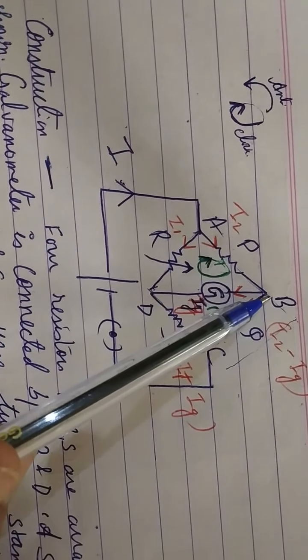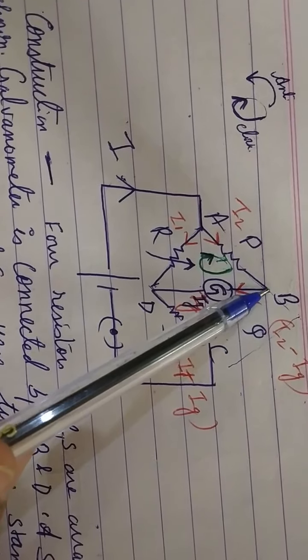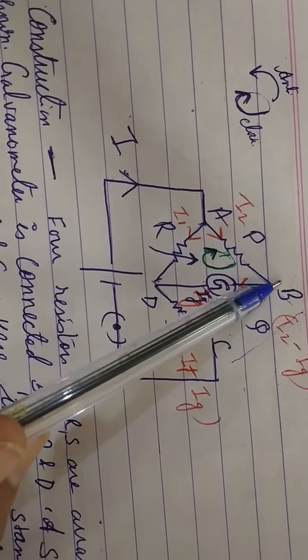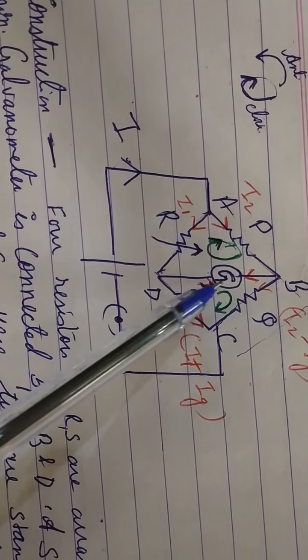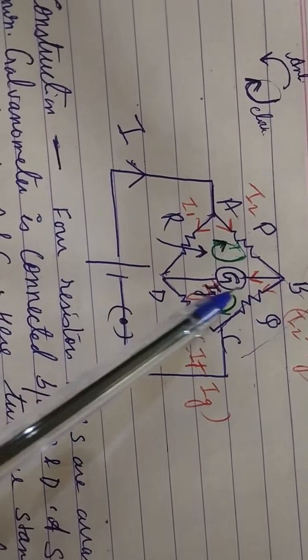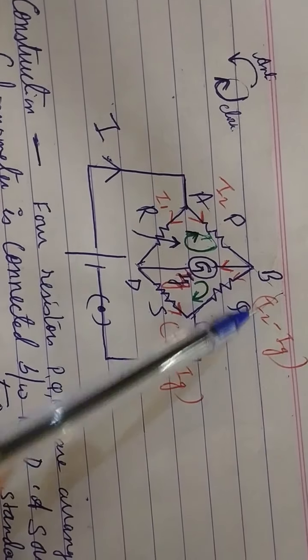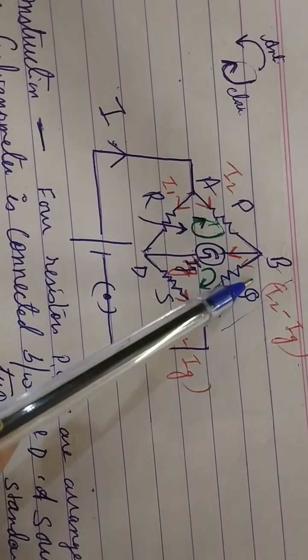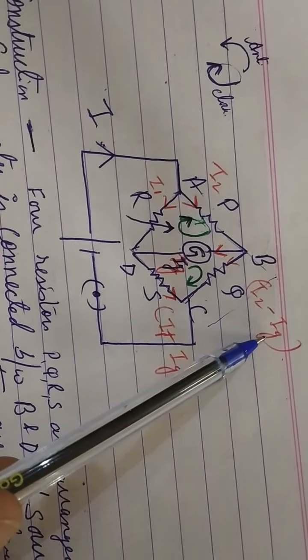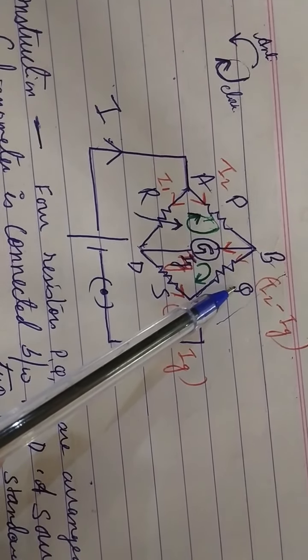When it reaches point B, some will flow through the galvanometer and the rest will go to Q. Let Ig be the current through the galvanometer, so the remaining part, I2 minus Ig, will flow through Q.